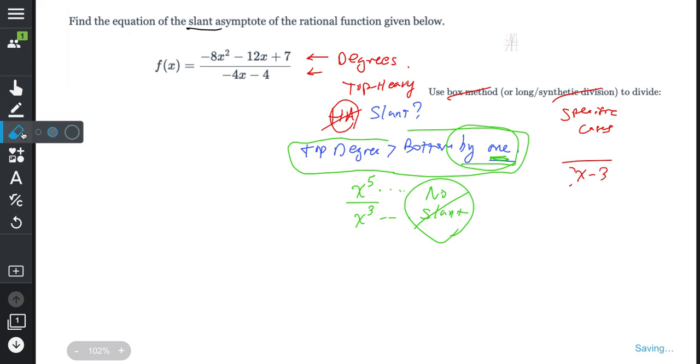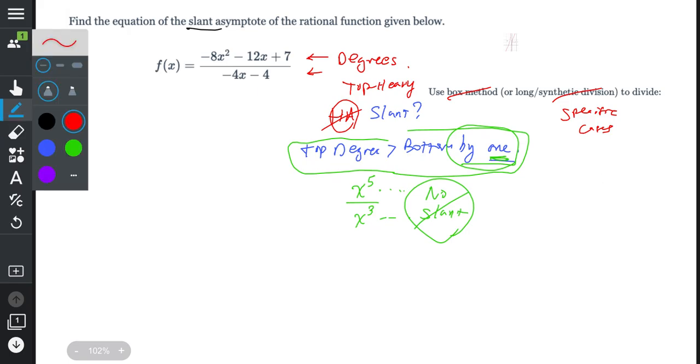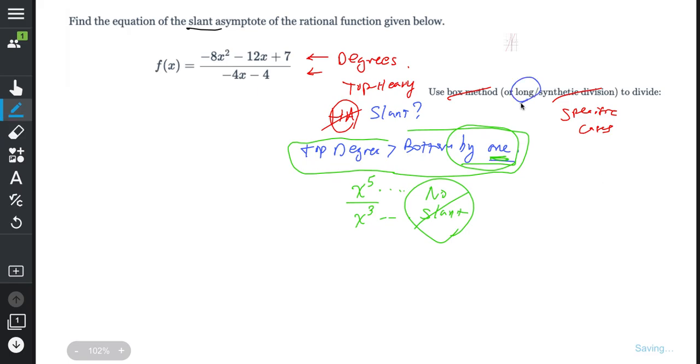So it's very limited. I suggest you stick with long division. We discussed that as teachers at the beginning of the year, and that's why we did it then. Long division applies to all, so why not use it? The way Delta Math will show you is not long division, but box method. But let's do long division.